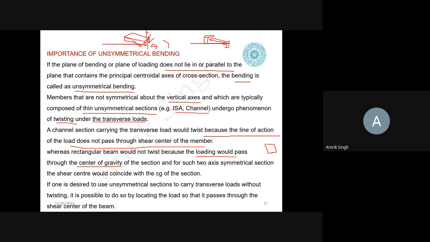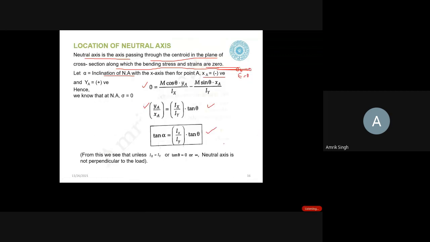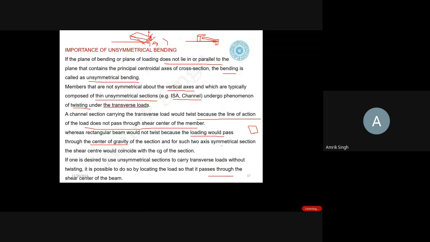So if one desires to use the unsymmetrical section to carry the transverse load without twisting, it is possible to do so if we pass the load through the shear center. So this you will understand when we discuss what the shear center is.